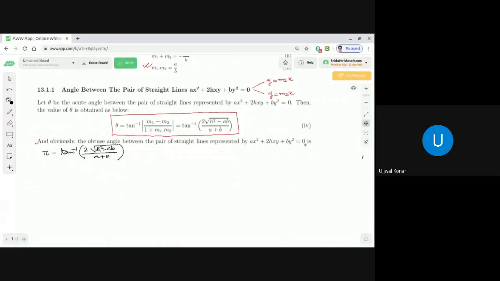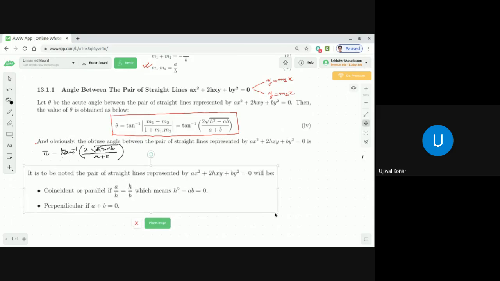Under what condition are these two pairs of straight lines perpendicular to each other? For that we don't need to go through their slopes, because we are not aware of the slopes, as I keep repeating, because we only know their joint representation by means of the homogeneous equation of second degree.